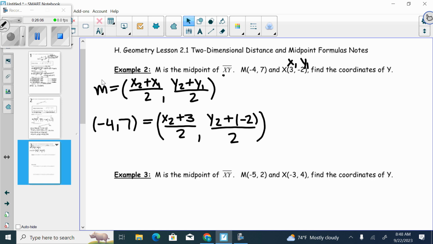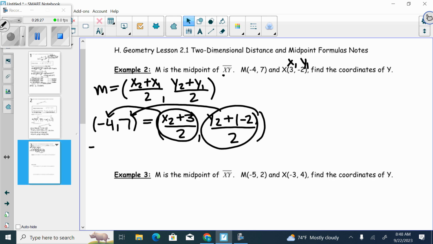All right. So what's important to notice here is that this part is what gives me this number, and this part is what gives me this number. So I could take this piece and set it equal to -4 and solve. I can take this piece, set it equal to 7 and solve.